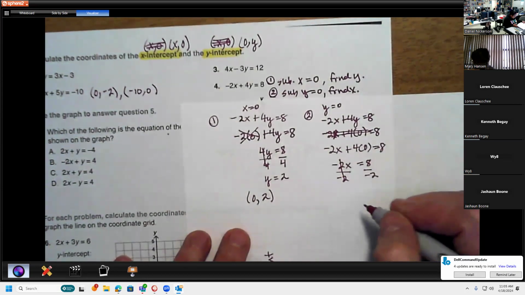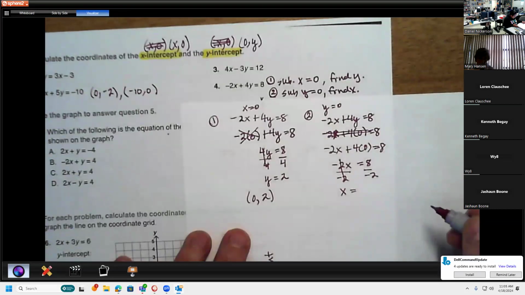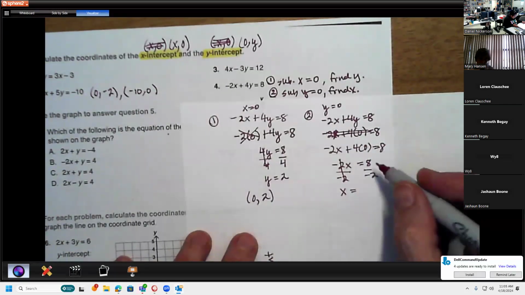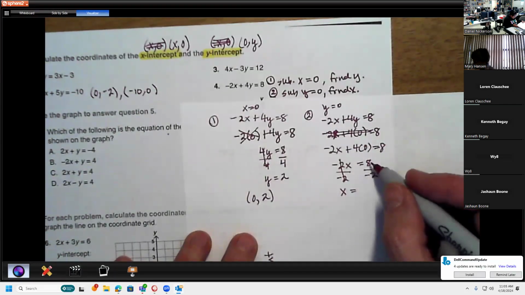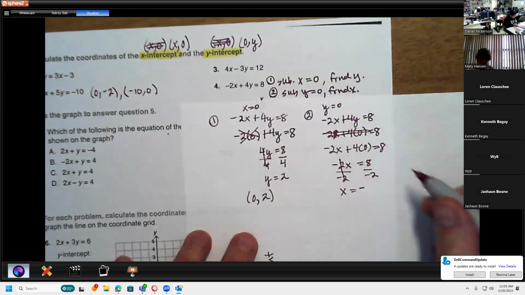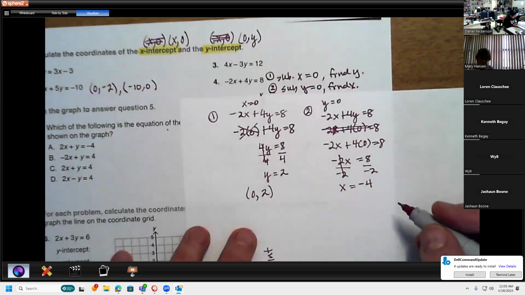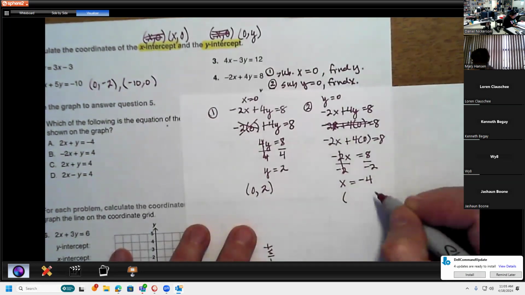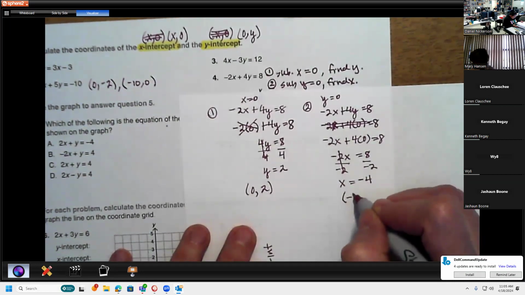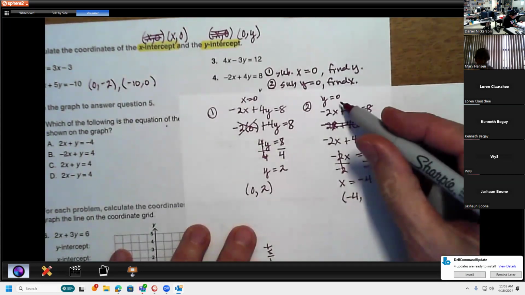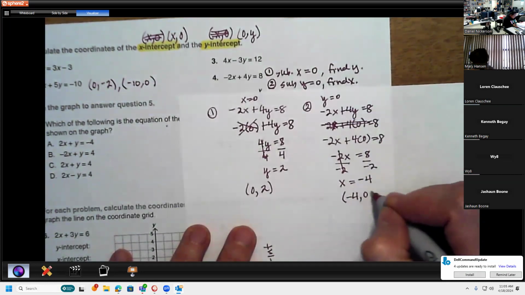Negative 2 divided by negative 2 is 1, leaving me just 1x. And 8 divided by negative 2, the signs are different, so the answer is negative. And 8 divided by 2 is 4. That means I have the point x is negative 4 when y is 0.